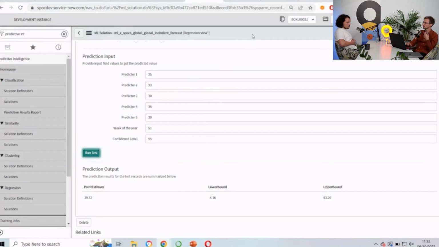Axel, one question for you. Here you show how to forecast the upcoming week, one week only. Is there any possibility to forecast more than one week ahead? It is possible, but you have to keep in mind that we are predicting the next week.